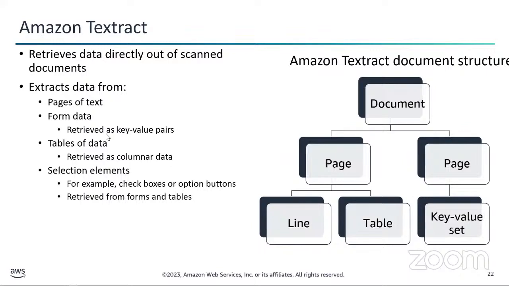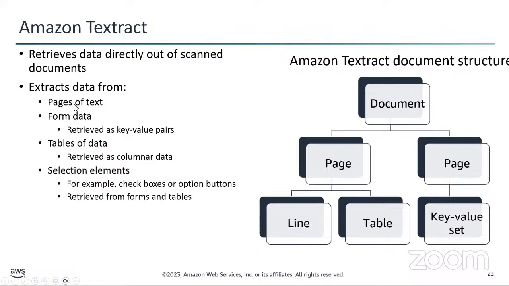So you can use the Amazon Textract service, which retrieves data directly out of scanned documents. So not from the website, but from PDF files and other images. You give it a document, and the document can contain multiple pages, and each page can contain multiple lines and tables, or what we call key value sets.